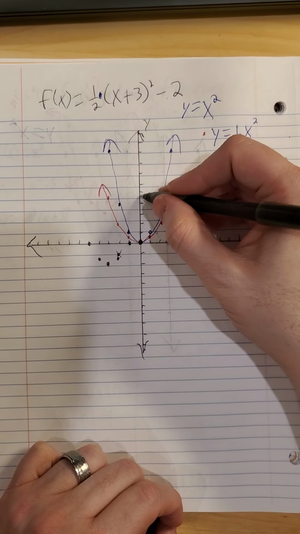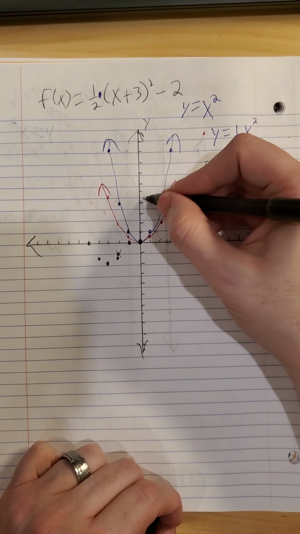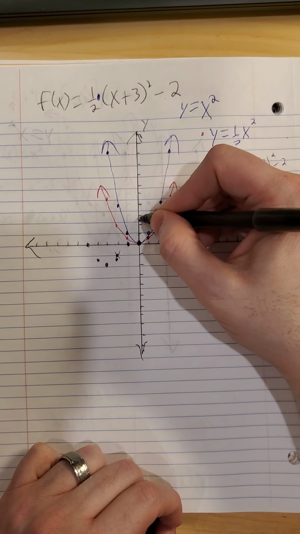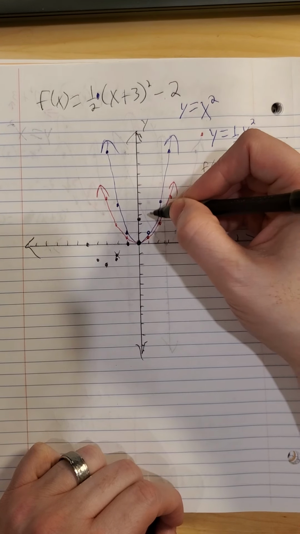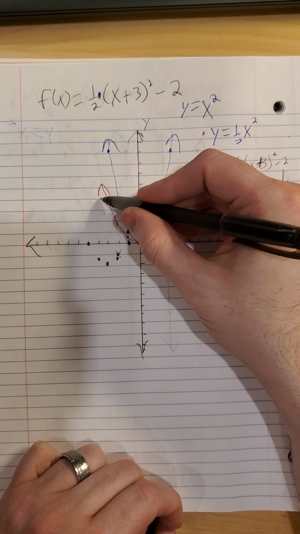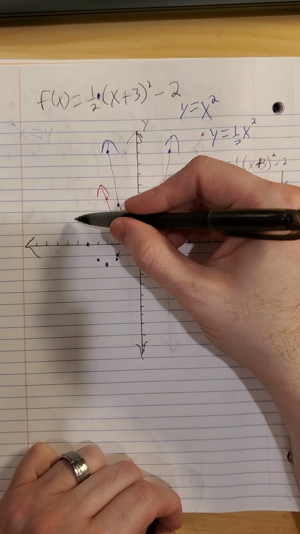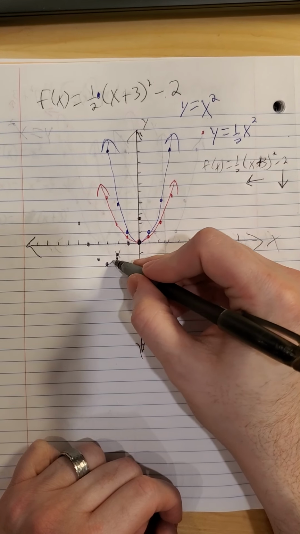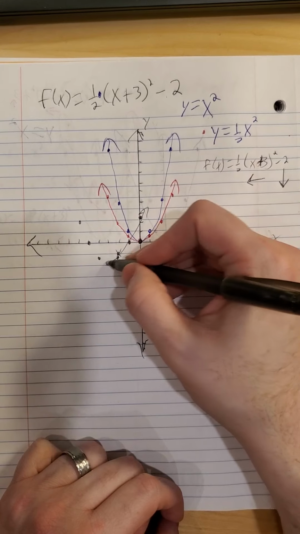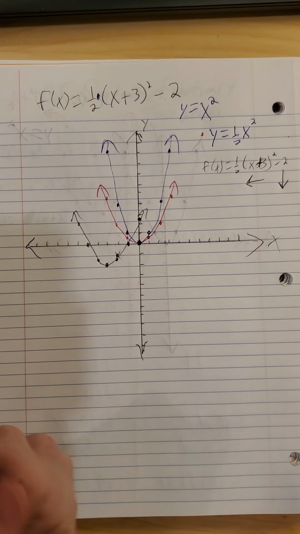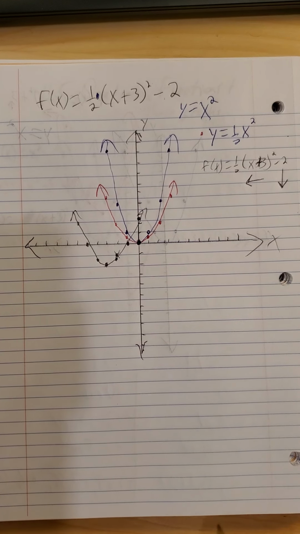Left 3 takes us to the y-axis, and down 1, 2. So instead of 4.5, now we're at 2.5. So it's the same shape as the red graph, that compressed graph, only now we shifted it left and down.